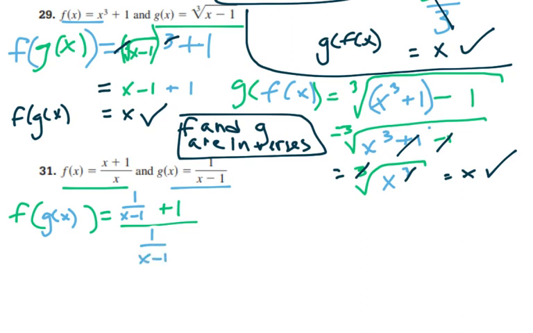Oh Lord, there's a lot of things that could happen with this one. So the first thing I'm going to do in this numerator is find a common denominator, because I can't add 1 to something that's a fraction without turning that 1 into a fraction. So I'm going to rewrite that number 1 as x minus 1 over x minus 1.